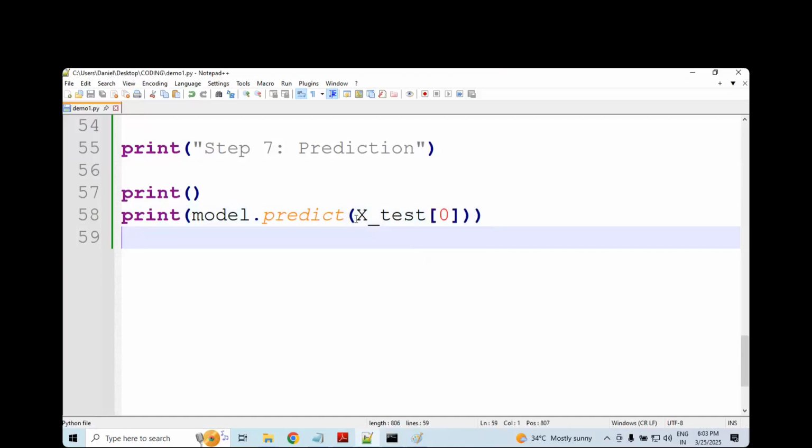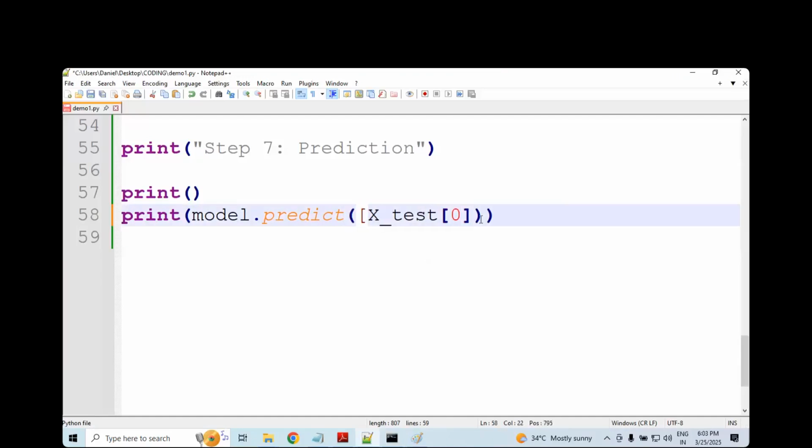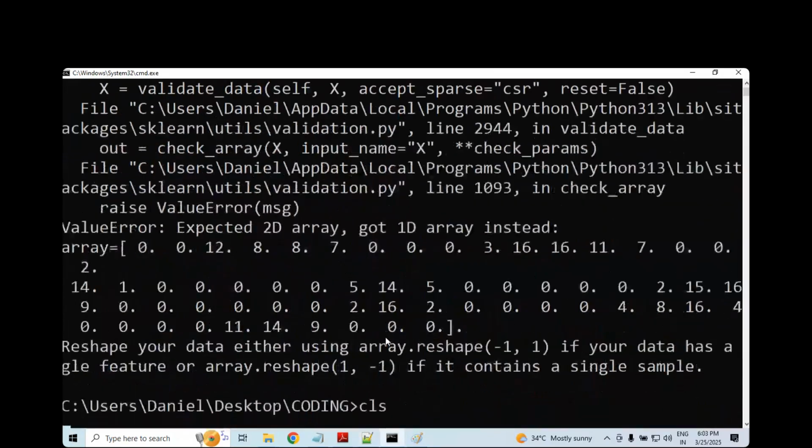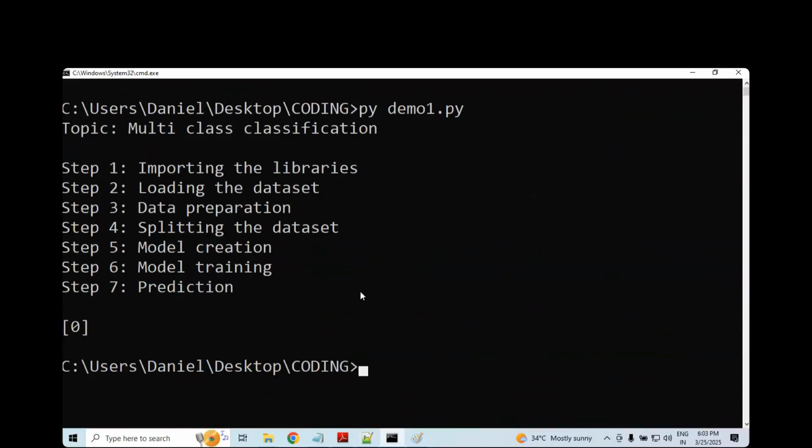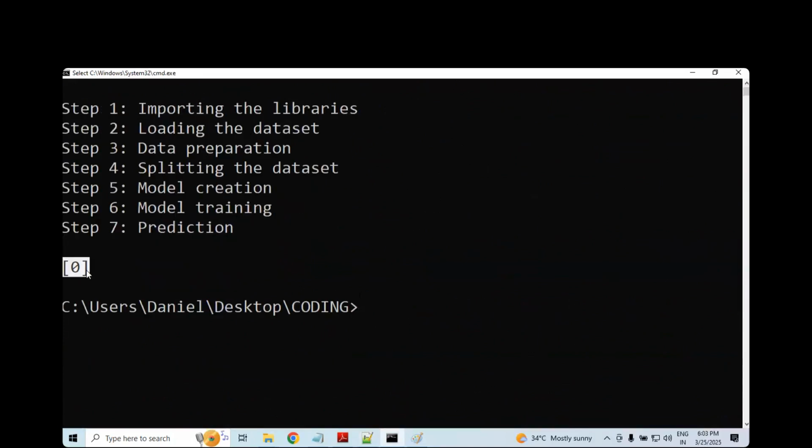Reshape error. Oh, sorry, man. Yeah, good. Can you tell me what x of 0 means, what you are getting?